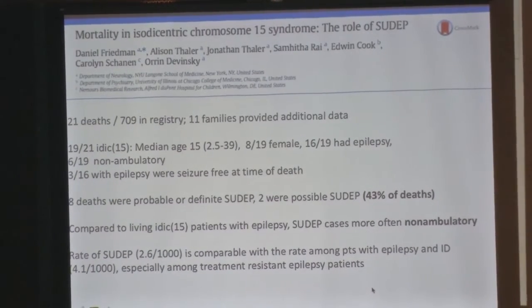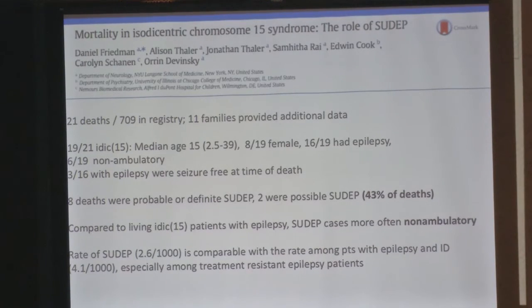It didn't seem that the rate of SUDEP was particularly higher in this population as compared to another population with similar characteristics, okay? Which I think was an important conclusion, but it really led to the more important conclusion, which is that we need more studies to really understand the mechanisms here.